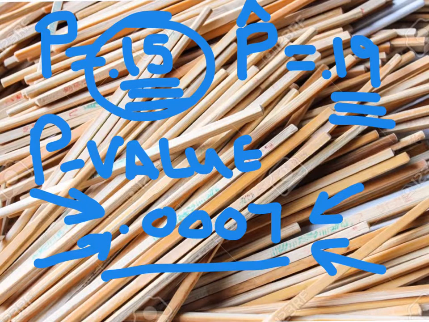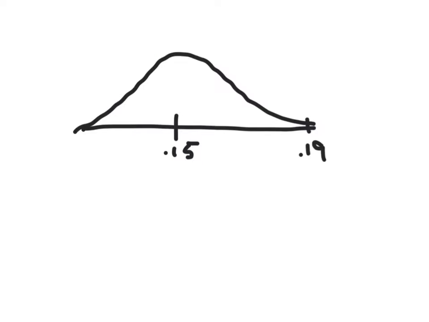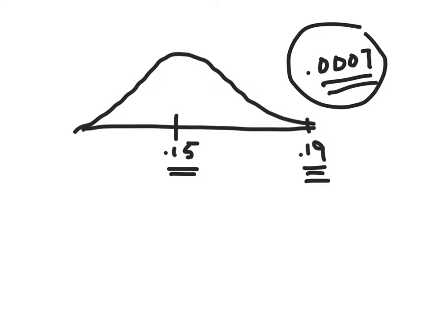Now let's look at the power situation. That's where we're really kind of struggling. Let's think about what we have so far. This p-value was very small. So what that means is, if it was true that 15% of the chopsticks in this shipment were short, and we got a sample of 19%, that happened just by chance, well, a very, very small chance.